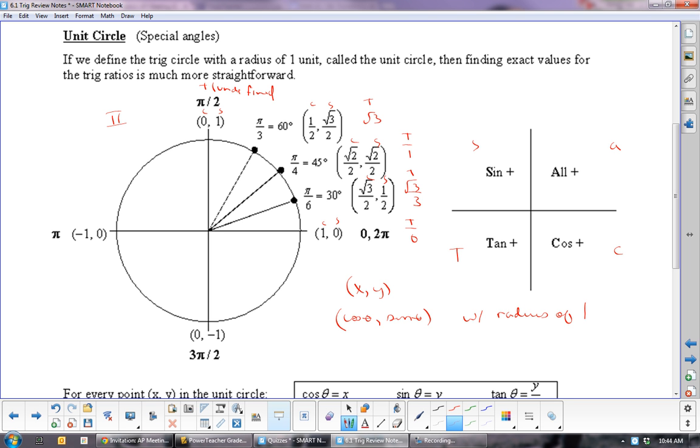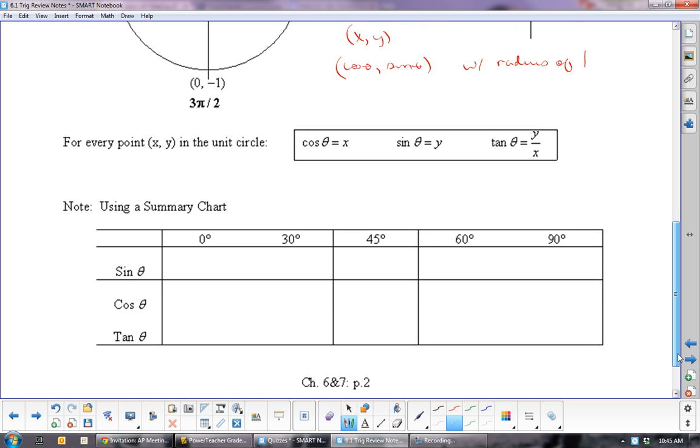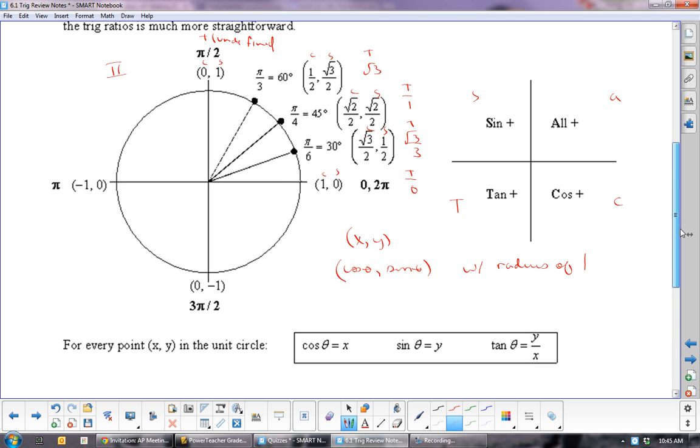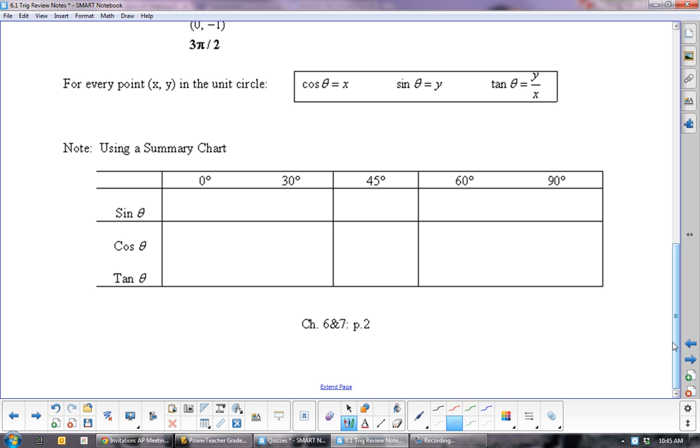So if radius is 1, cos theta equals x, sine theta equals y. I think the chart is kind of redundant here. I mean, they're all up here if you need them. So why fill in the chart? I guess we could have put the tans in there, but we have them on our chart now.